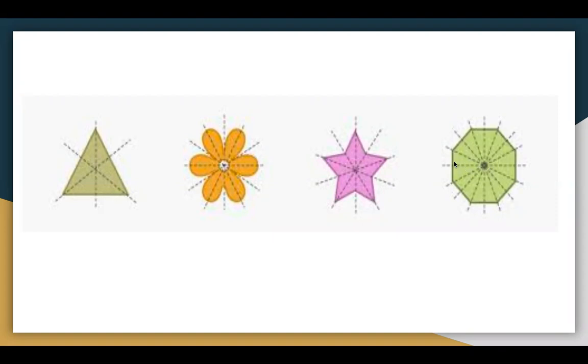Just count it. 1, 2, 3, 4, 5, 6, 7, 8. So in an octagon, if all the sides are equal, then it will have 8 lines of symmetry.